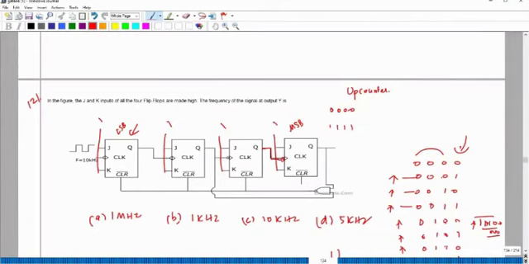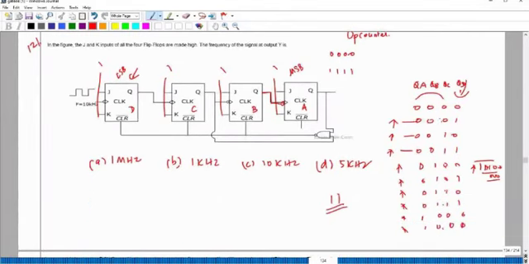But here it gets stopped after this NAND gate. So where is the NAND gate connected? If I take this one as D, and this is C, and this is B, and this is A. So this is QA, QB, QC, and this is QD. So it ranges from 4 zeros to 4 ones, right?